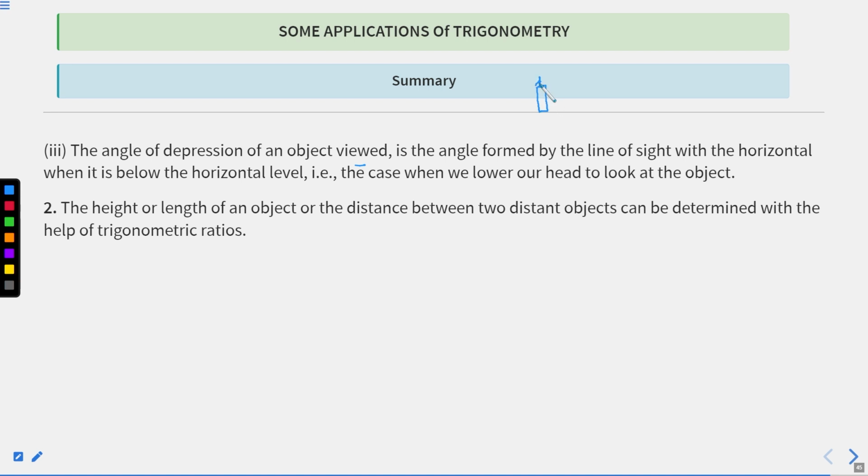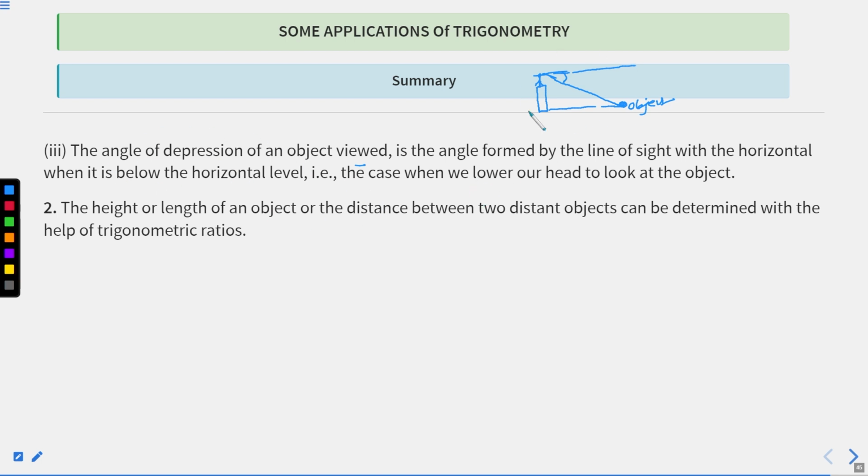Okay, so here we have our observer, and the observer is viewing some object here. Okay, this is our object. So the horizontal is this, and this angle is called angle of depression.